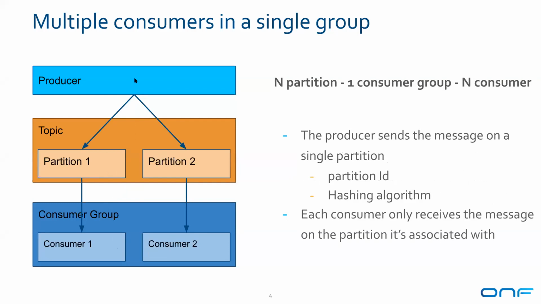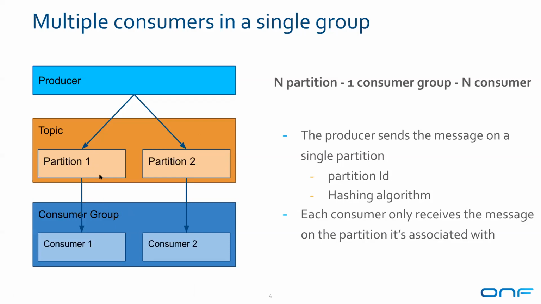It is the producer that chooses how to split the messages through the various partitions, and that can be done statically specifying the partition ID, or different hashing algorithms included with various Kafka libraries can be used. And each consumer receives only the messages of the partition it is associated with.